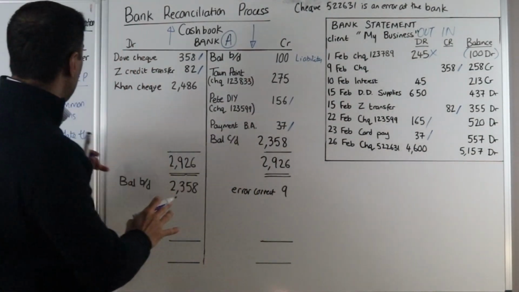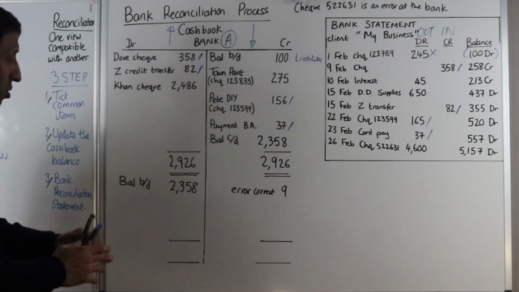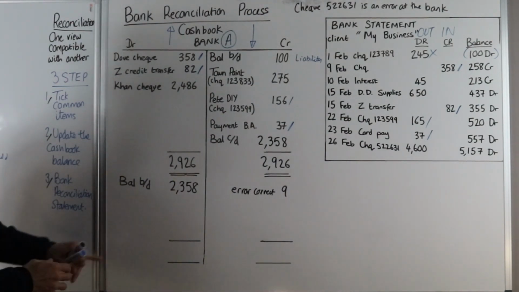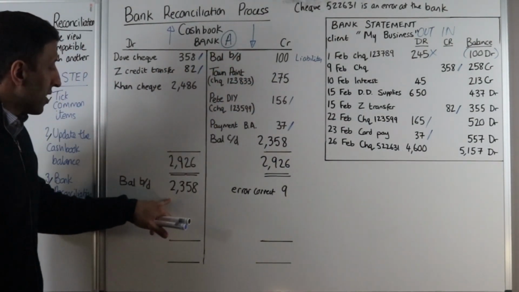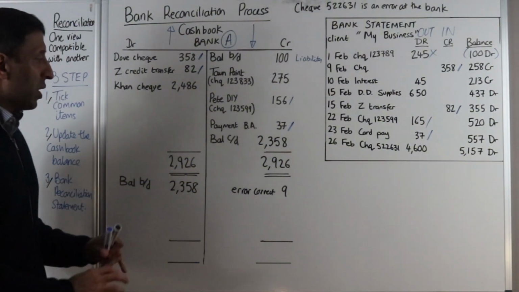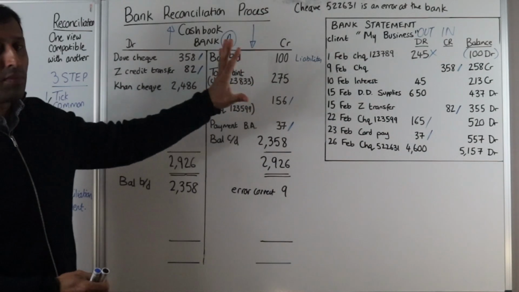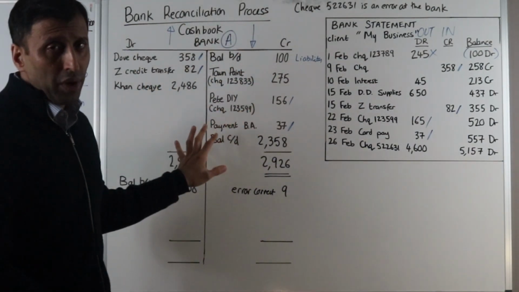So now we've done step 1, ticking the common items. We need to complete, because we already started a little bit of it, updating the cash book balance. So the cash book balance currently, after all the transactions that we are aware of, is 2,358. We need to now update it with transactions that have happened that the bank is aware of and we were not aware of.